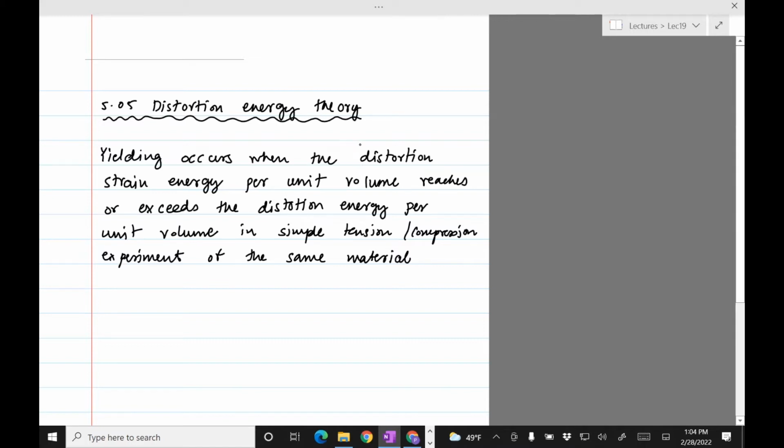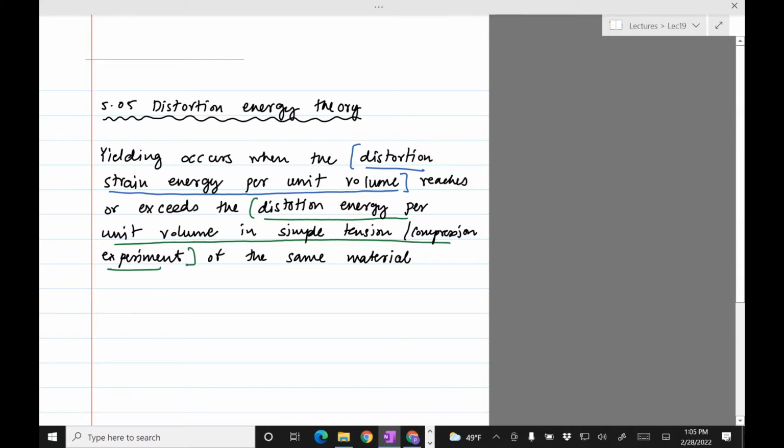Okay, so those are the keywords: distortion strain energy per unit volume. So we need to define this. It is related to some energy, and I'll define that in a bit. Second piece is that it should exceed the distortion energy per unit volume in a simple tension compression experiment. This is something we've seen in the past.